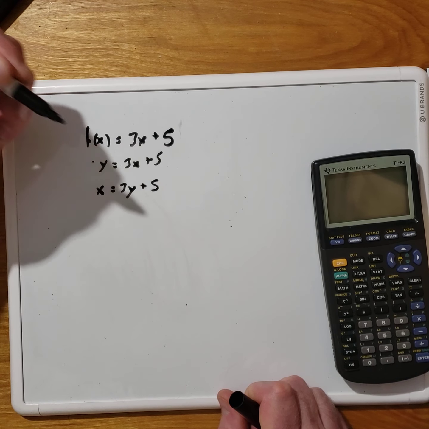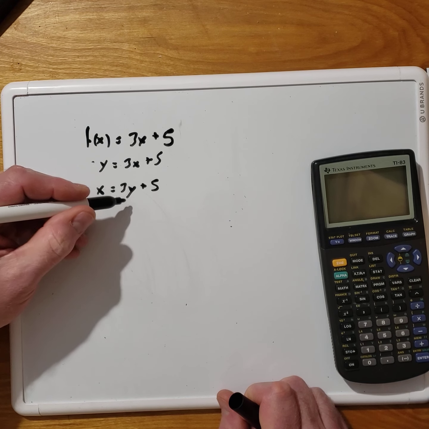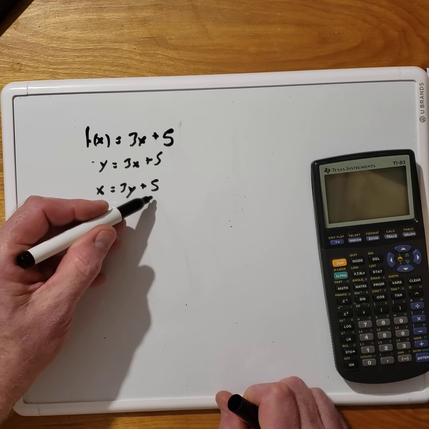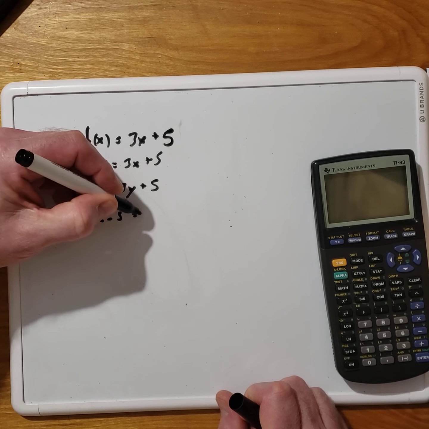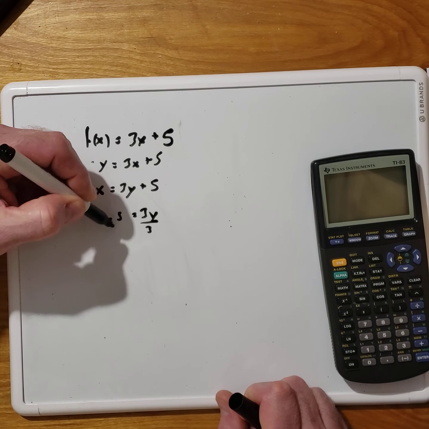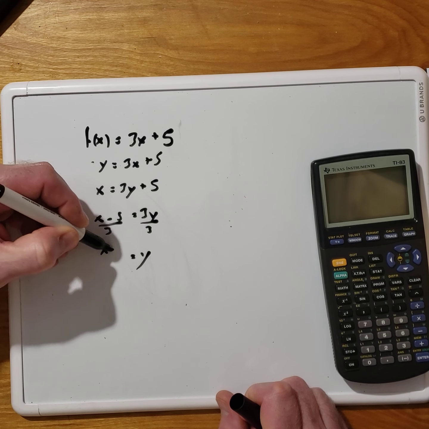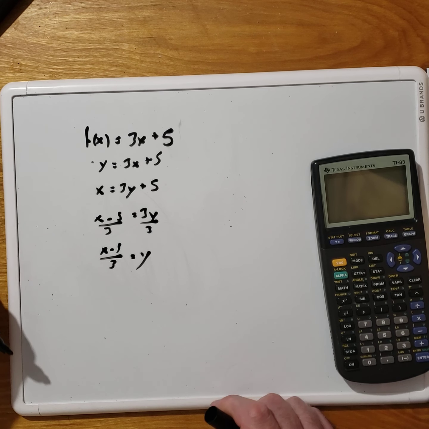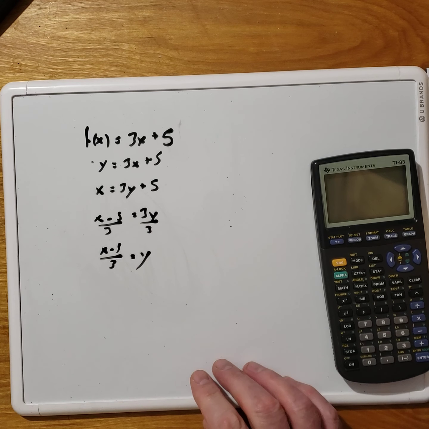And then we solve. So if I want to get my y alone, solve for y, I would subtract 5 from both sides. And then I would divide both sides by 3. And that would give me y equals x minus 5 over 3, which is the same thing we got doing it the other way. I think the other way is a little easier, so I'm going to stick with that.